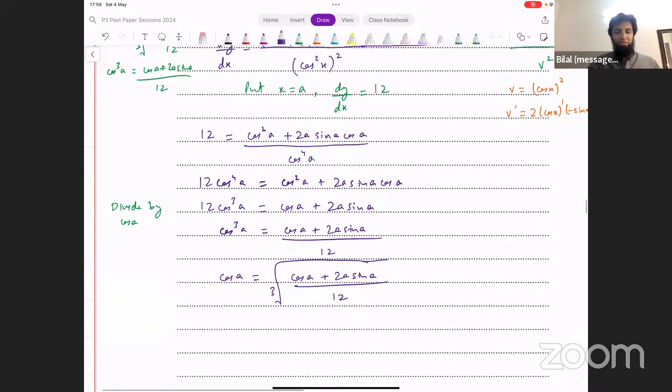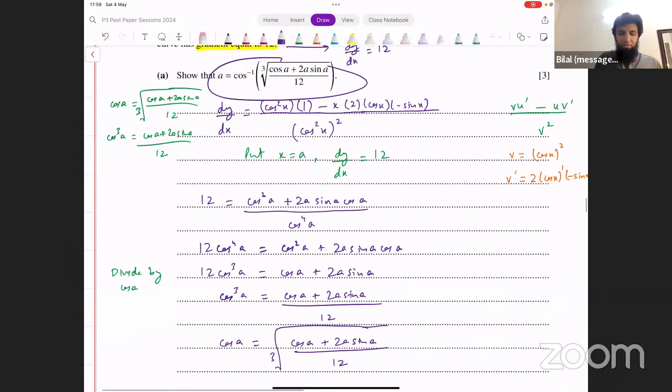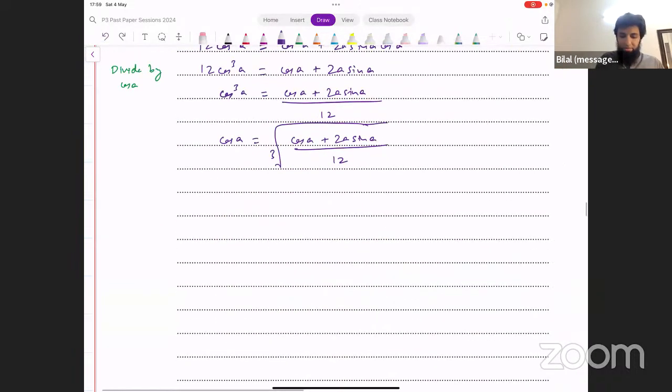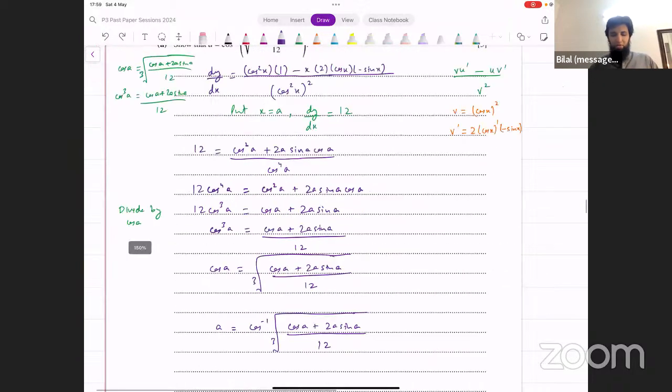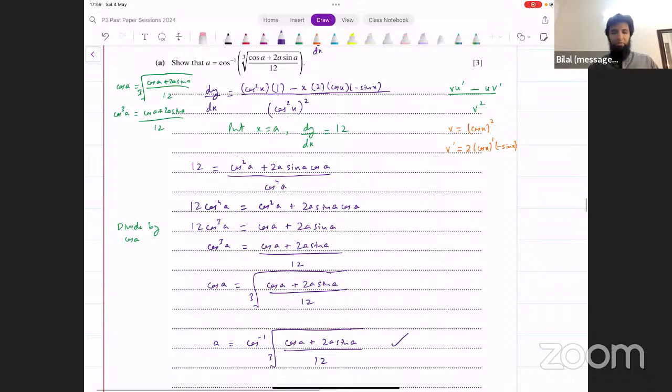And then you take cos inverse on the other side to get this form that they wanted from us. It becomes a equals cos inverse of cube root of cos of a plus 2a sine of a divided by 12. And that actually gives you the final result that you wanted. You've gotten to that exact form that they wanted from you.